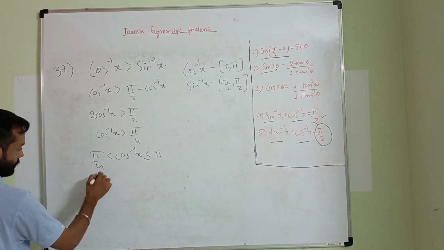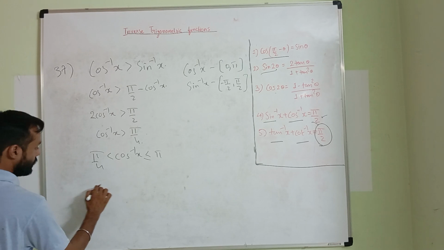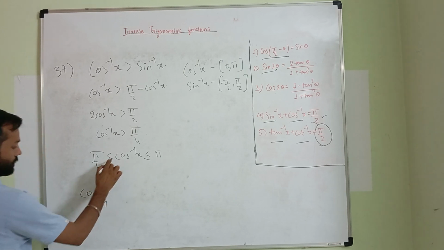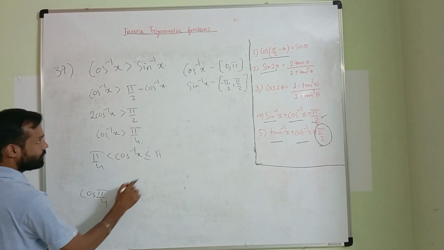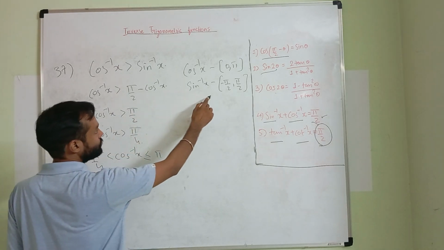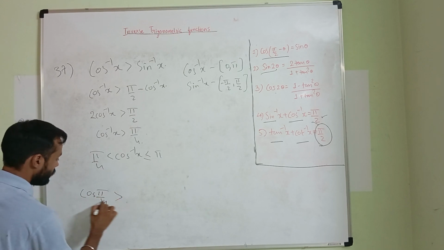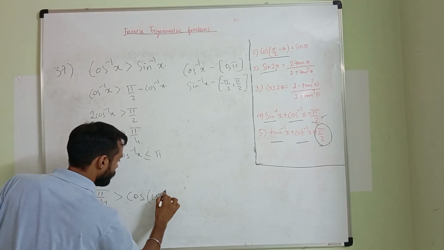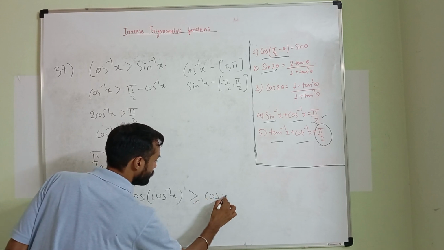Now applying the cos function, since cos function is decreasing in the first quadrant and our theta lies in this first quadrant, the sign gets reversed. So it will be cos of pi by 4 greater than or equal to x, greater than or equal to cos pi.